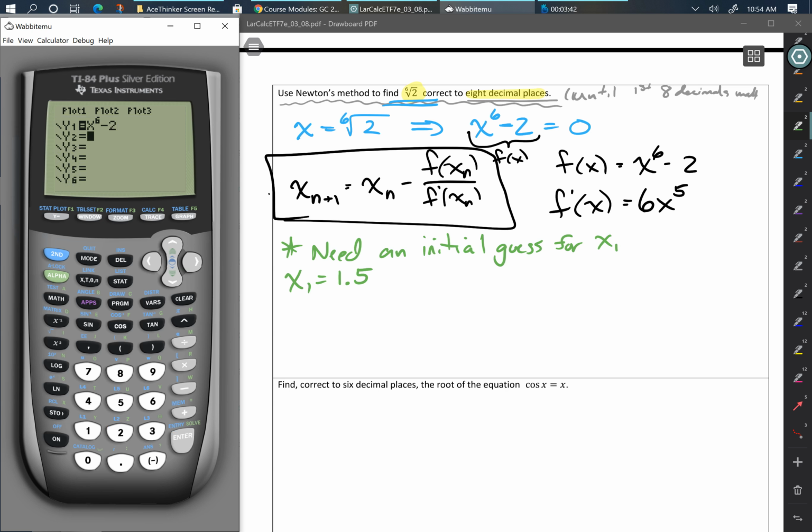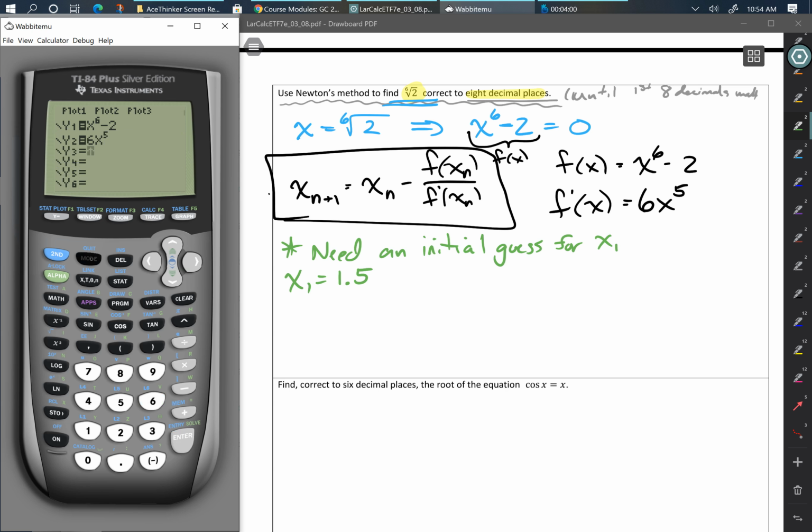And y sub 2 is f prime, so that's 6x raised to the 5th. Okay, that looks good.